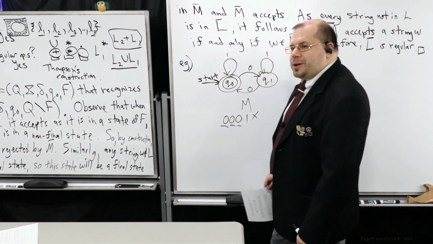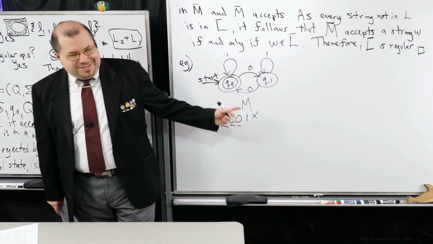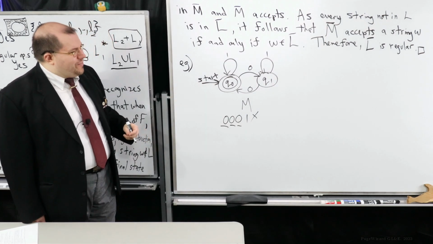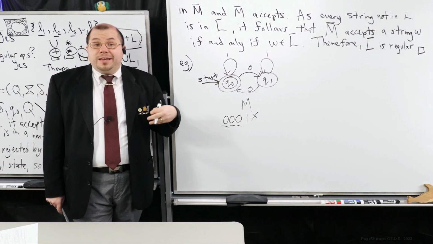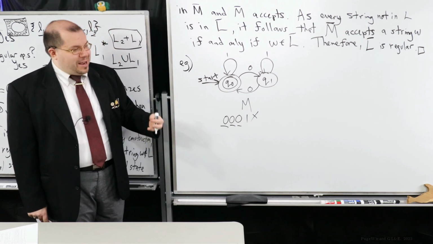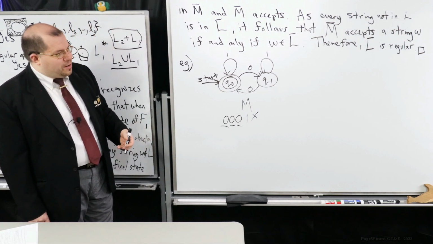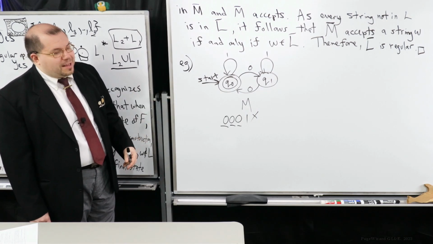So what kind of strings does this DFA accept then? It accepts strings with an even number of zeros. So any binary string with an even number of zeros, this DFA will accept it. That's what it recognizes.